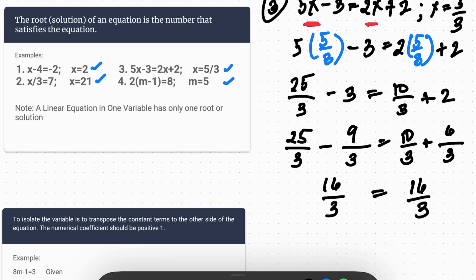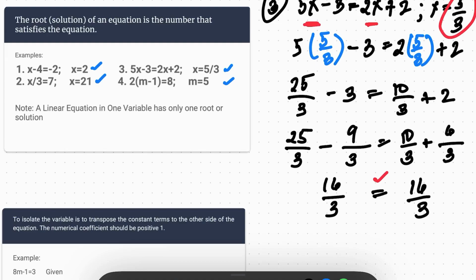So that means the equality statement is true. We can conclude that 5/3 is the solution or the root of our linear equation. All right, we're now down to the last item.